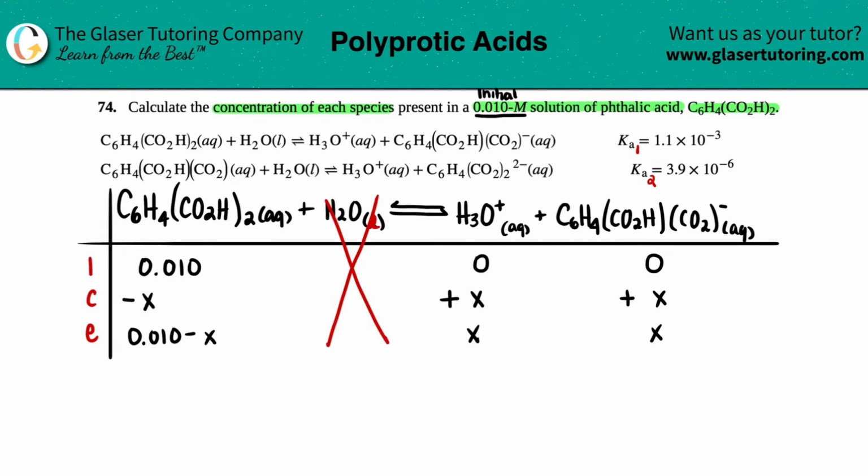But then, remember, in general, Ka equals something divided by something, right? The concentration of the products divided by the concentration of the reactants.